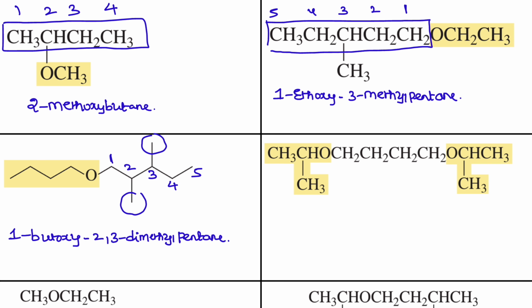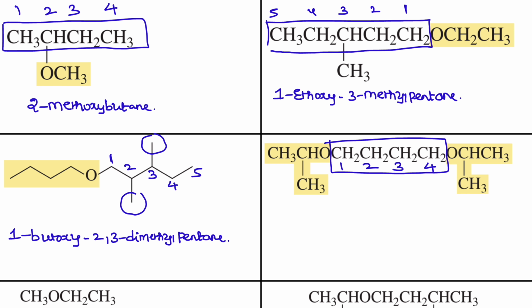And there are two ethers in this example. Here we have one ether, here we have another ether. If you carefully observe, this is isopropoxy, this is also isopropoxy, and here this is your longest chain; numbering, either from the left side or from the right side, there is no problem.